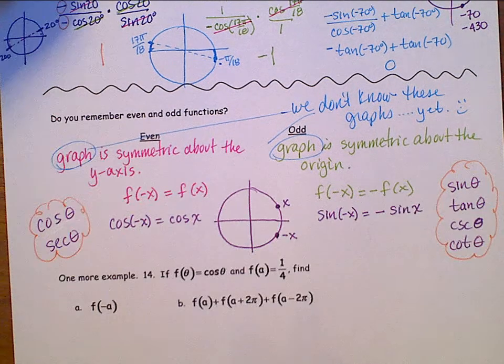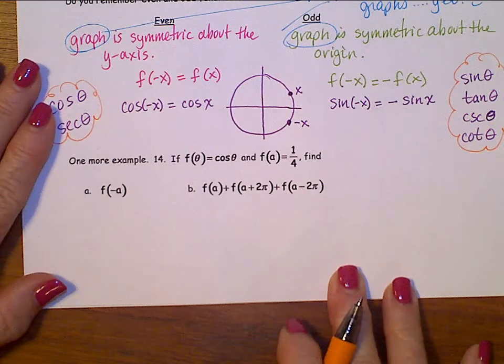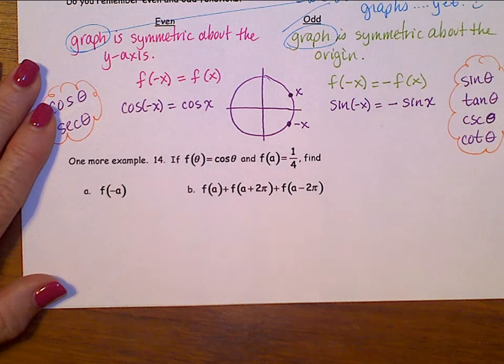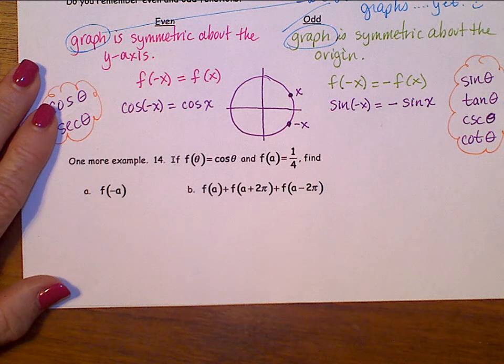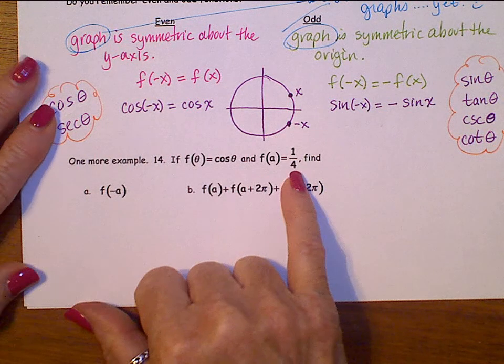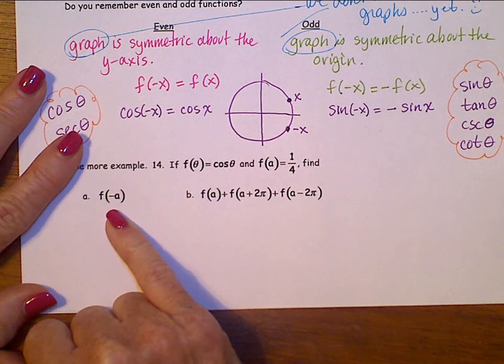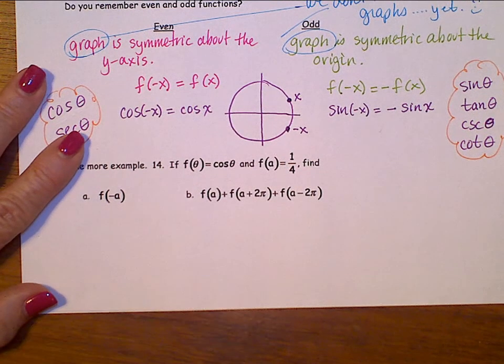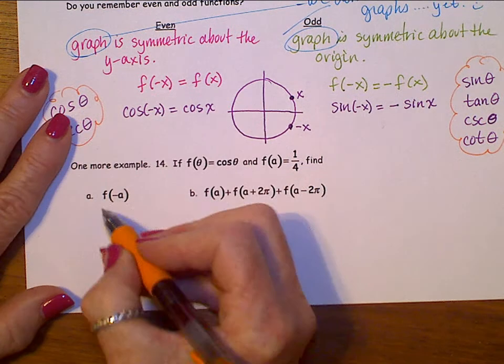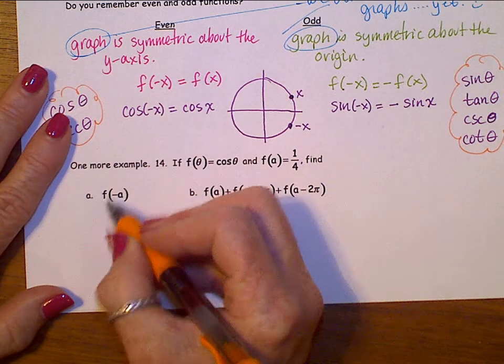All right, one more example here today. If f of theta is cosine theta and f of a is 1/4, I want you to find f of the opposite of a. All right, well, the f function is cosine.